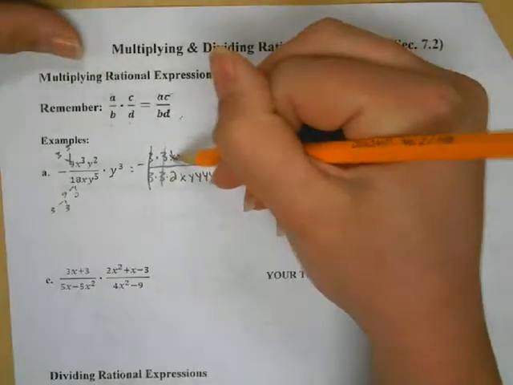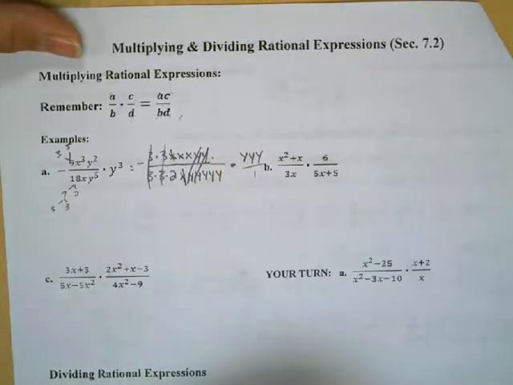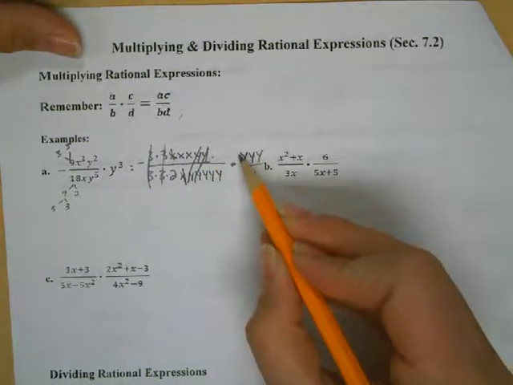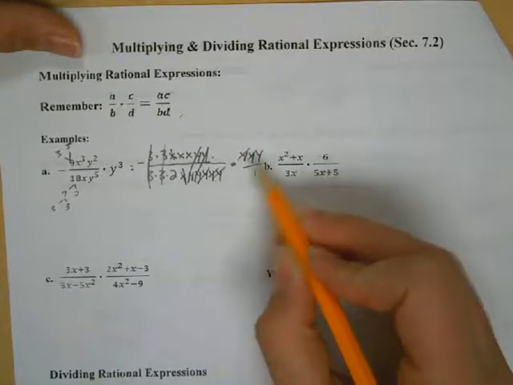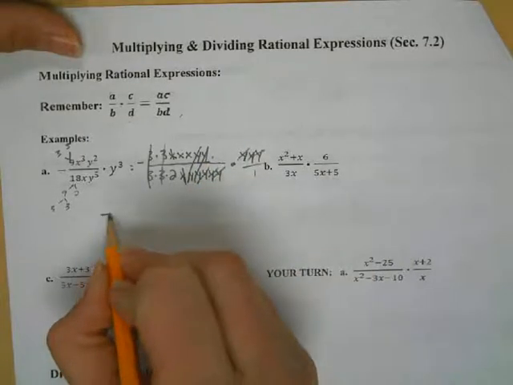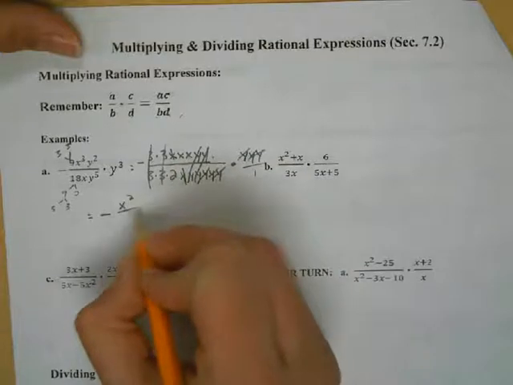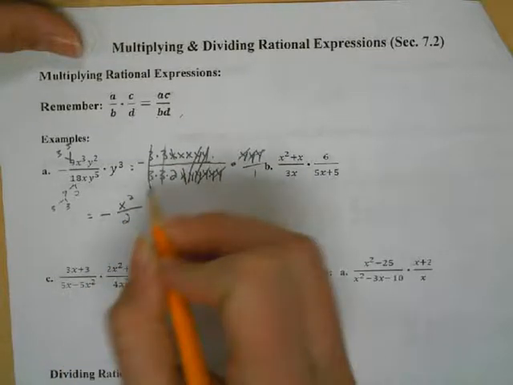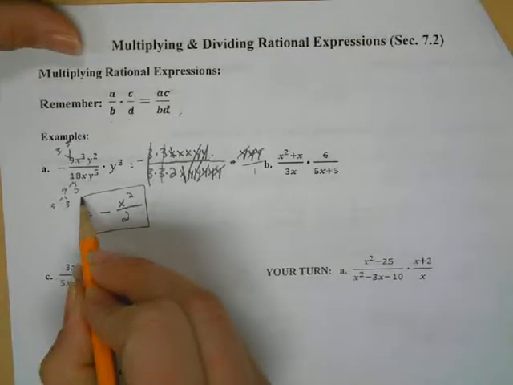I've got a set of x's that can go. I've got 2 y's that can go there. But I also have these y's on top, and these y's on bottom. So there's 3 there. So in the end, I end up with that negative that's still out front. I've got 2 x's left on top. I've got a 2 left on bottom.